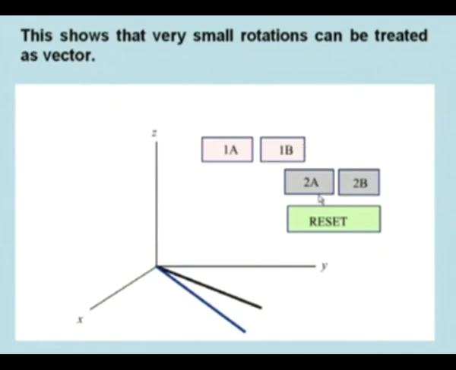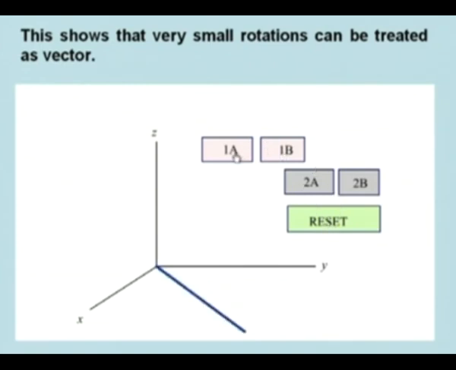In this I am changing the axis, rotating it like this, and then here I am rotating it about the z axis. So basically the rotations have produced the same result.